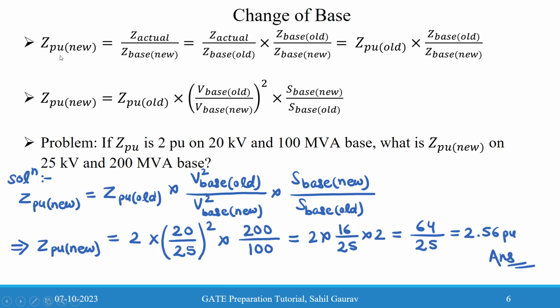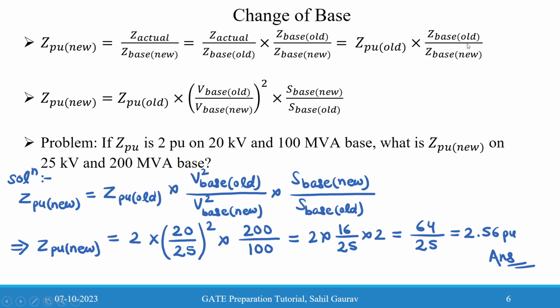As we all know, Z per unit new will be Z actual divided by Z base new, and on both sides we take the Z base old, that is, we just multiply and divide by Z base old. So the first expression becomes Z per unit old, and the second expression stays as it is. So you will get Z per unit new equal to Z per unit old into Z base old divided by Z base new.